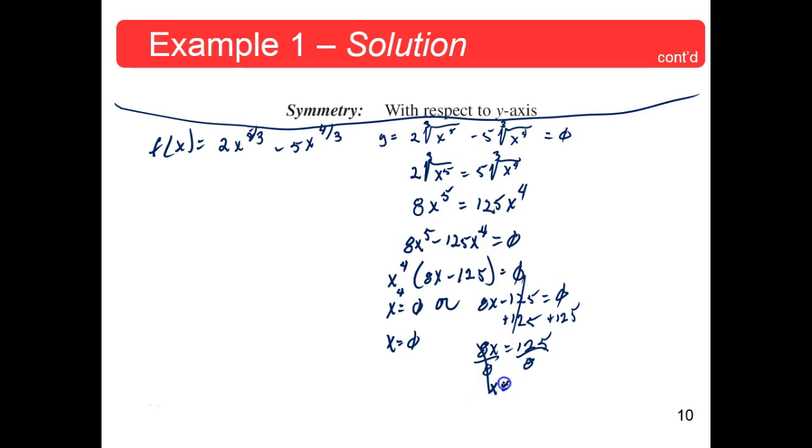That gives you x approximately equal to, 8 into 125 is 15 with 5 left over, and 8 will go into 50 six times, 625, I think it is. Check that out. Punch it into your calculator and see if you get that. That's it. Good deal.